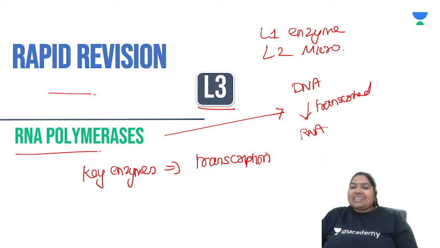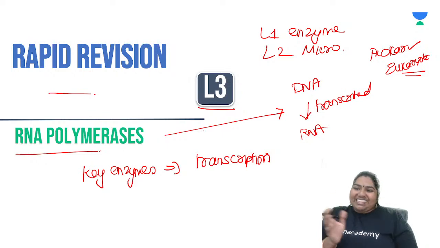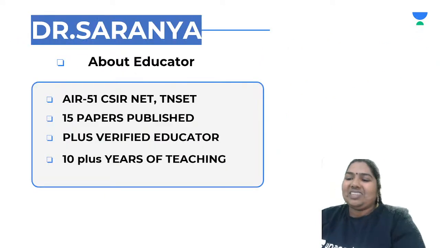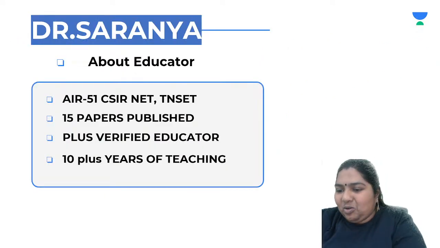This process is an integral part of the central dogma of molecular biology. It takes place in both prokaryotes as well as eukaryotes. Even though the basic mechanism remains the same, there are minor differences between prokaryotes and eukaryotes.